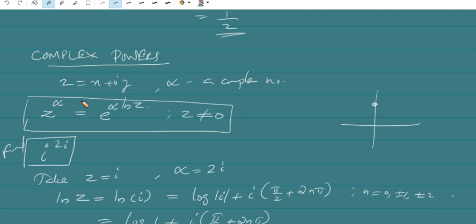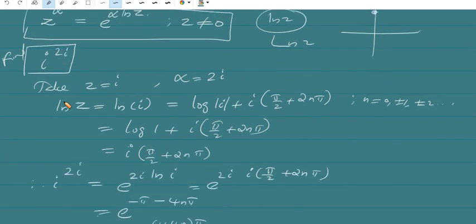So here if you are choosing the principal value of ln z, then we get the principal value of z power alpha. If you are replacing this ln of z by the principal value, then we will get the principal value of z power alpha.